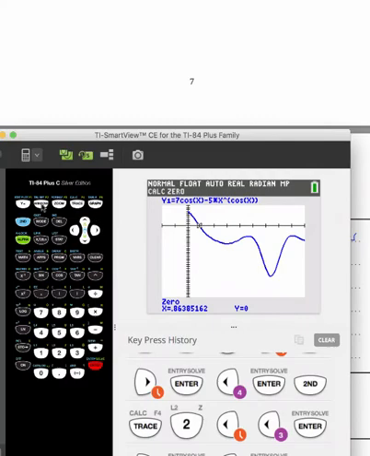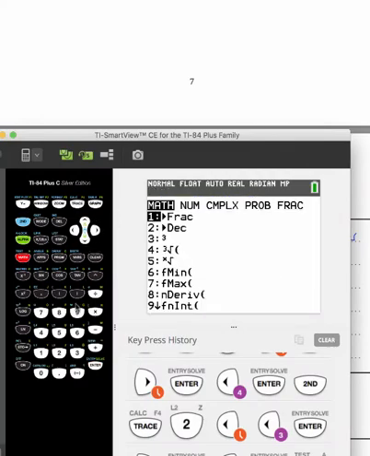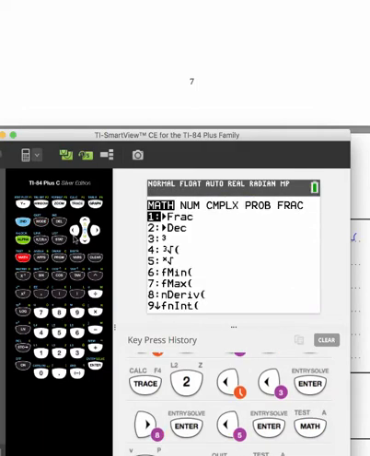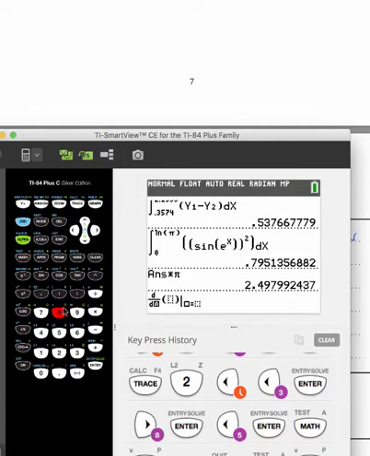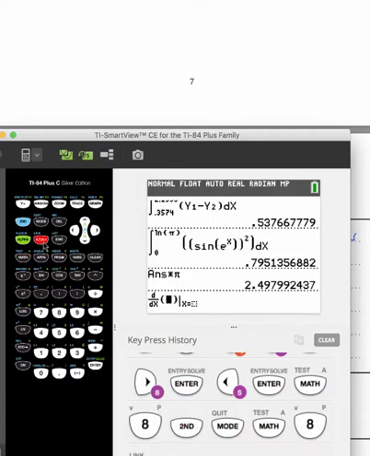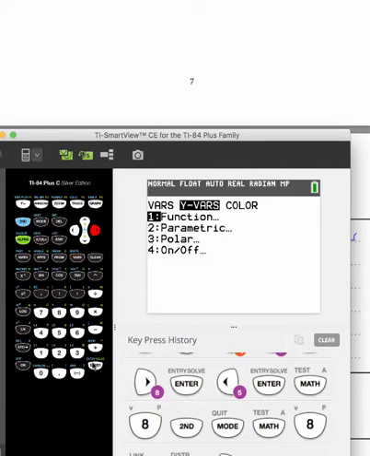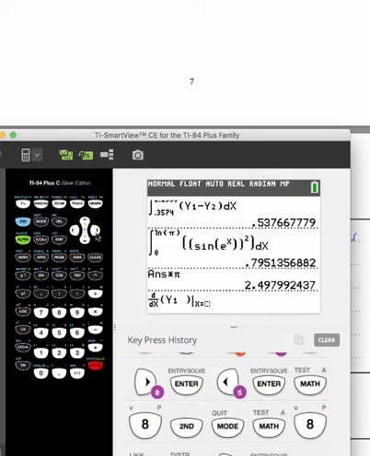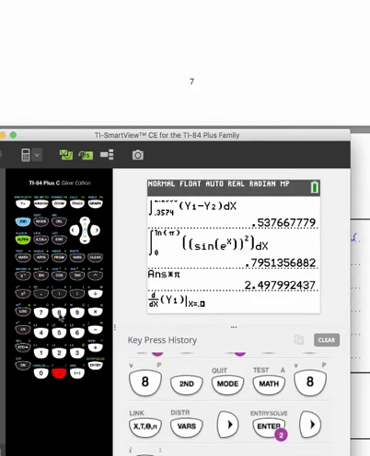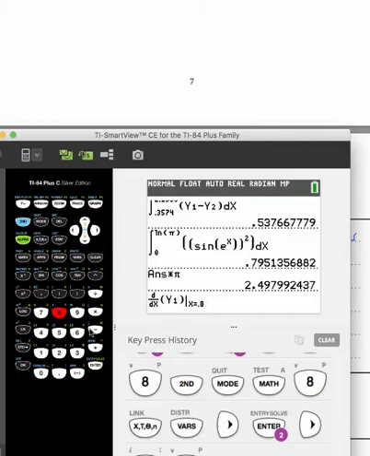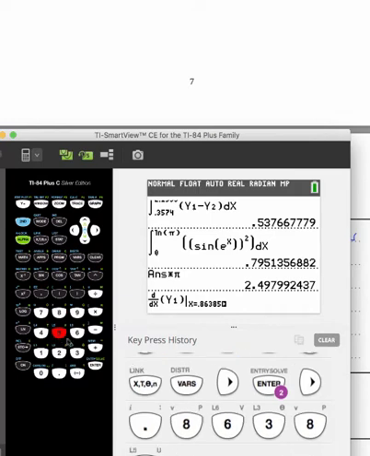So I put it into y1, so I can go to math, fnDeriv. Oh, why do I always forget to get out of here? Math, and derive with respect to x, I'm going to use the y-vars function y1, at 0.86385.